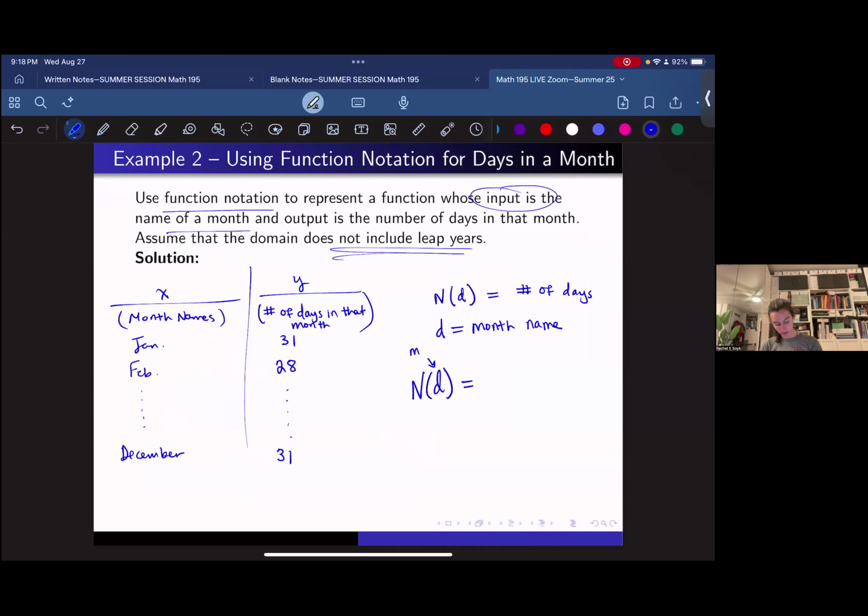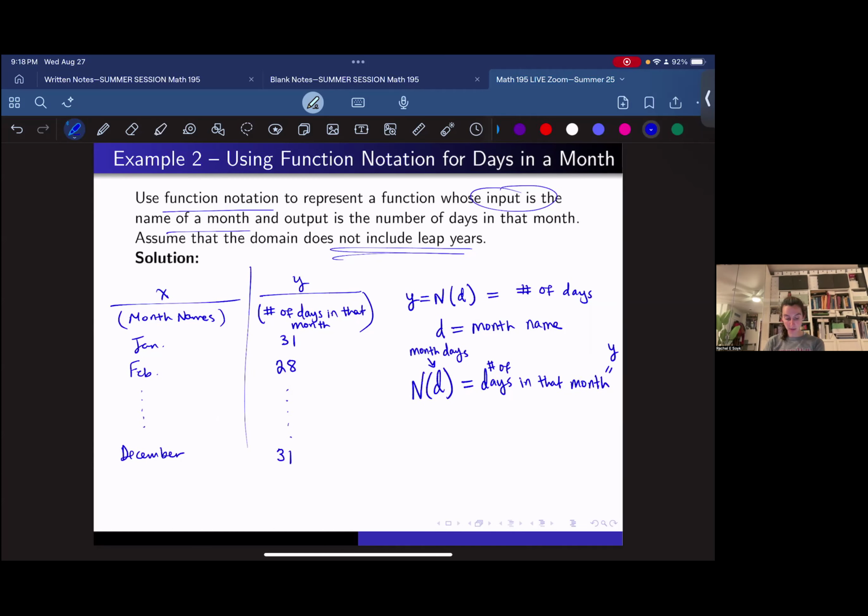Here, I'll write month name and then equals days, number of days in that month. We can set this equal to y, what we're spitting out. Okay.